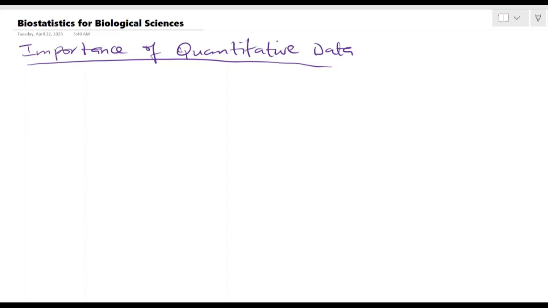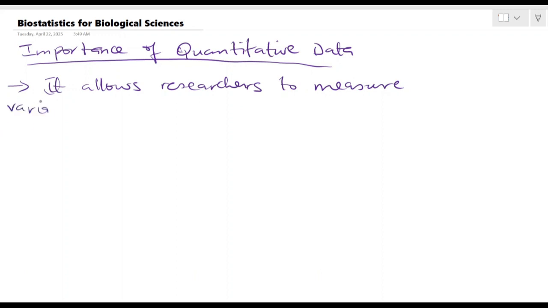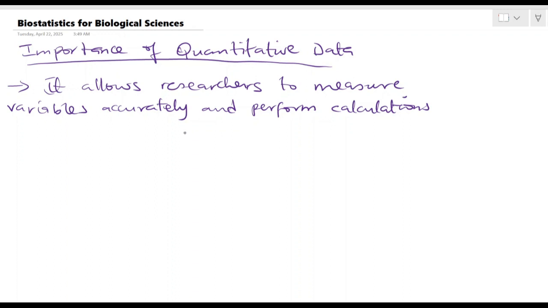It allows researchers to measure variables accurately and perform calculations to test hypotheses.